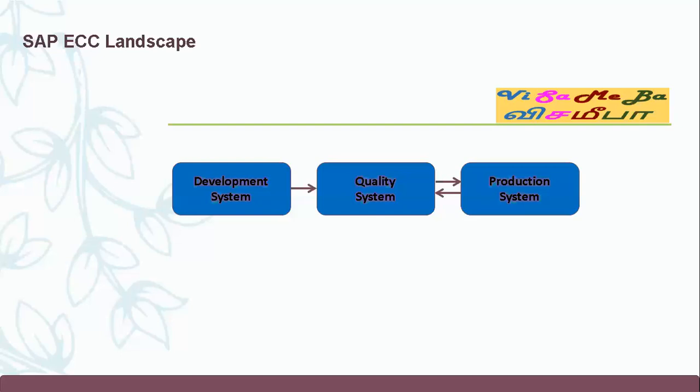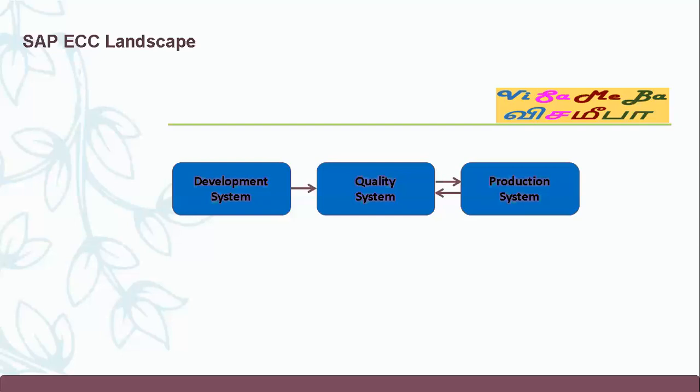It's not the configuration changes, no, but it is the real-time actual data which is prevailing in the production system. So why am I copying it back to the quality system? So that I will have the latest data on which I can do the testing of the settings which have been moved in from the development system.